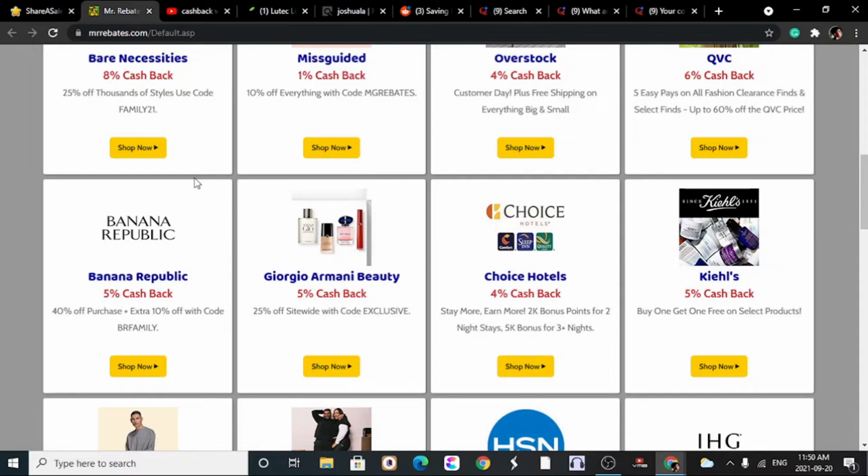So you type in mrrebates.com, then add Reddit, add Quora, add forums, and see what people are saying about the website. If it's not good and most people are having complaints about the website, how they're getting scammed and all that stuff, then stay away from the product even before you apply to get approved.